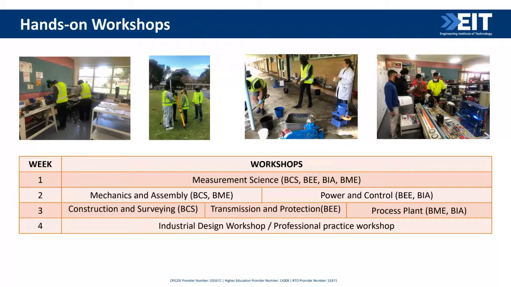In week 3, we have a construction and surveying workshop for civil and structural students, a transmission and protection workshop for our electrical engineering students, and a process plant workshop for mechanical and industrial automation students. In week 4, we run various industrial design workshops and professional practice workshops.